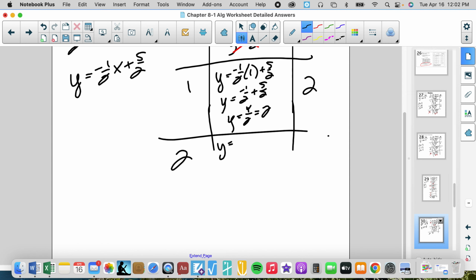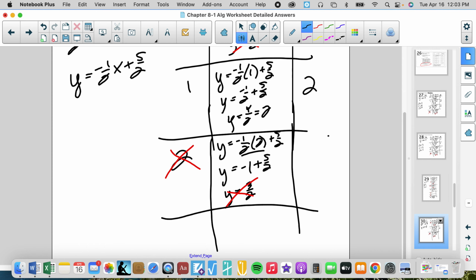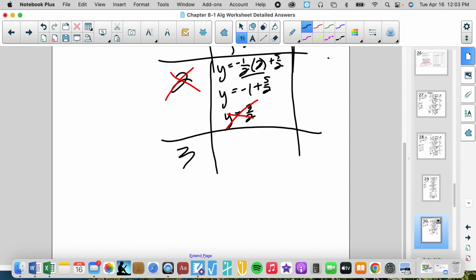No, 2 is not going to work because we're going to get a whole number out of the x term. So that's going to be negative 1 plus 5/2, which will give you positive 3/2. That doesn't work. So even numbers aren't going to work. It's only going to be odd numbers that work. So we're going to try 3. 3 will work.